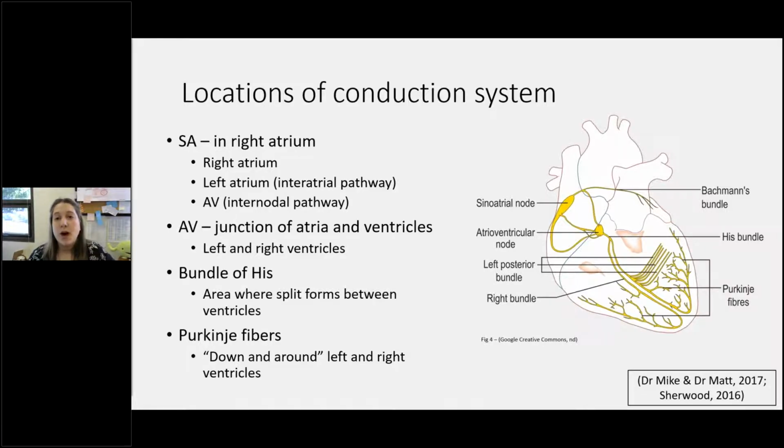The outer part of the heart is stimulated by the Purkinje fibers, which reaches the bottom middle of the heart and extends around the outside of the ventricles. The pathway of conduction is therefore SA node, atrium, AV node, bundle of His, Purkinje fibers to the ventricles.